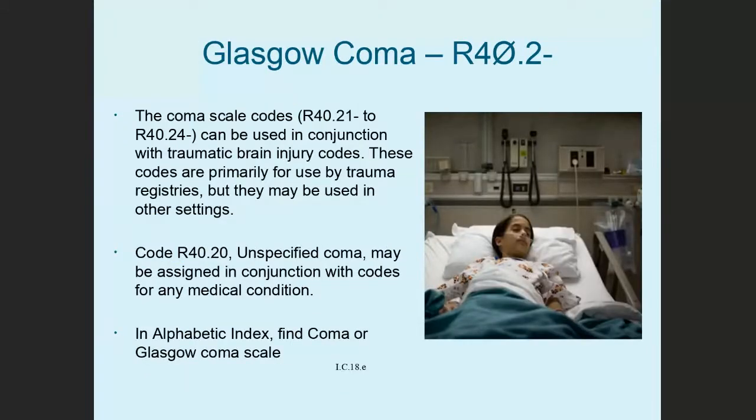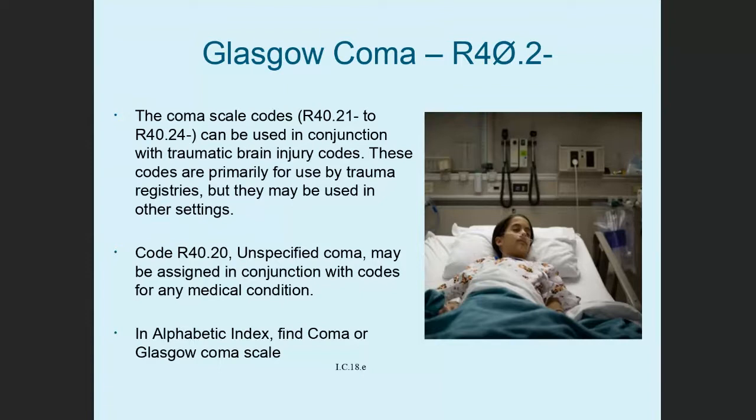So let's look at comas. The guidelines will be changing for 2022, so I've included the new guidelines in here since it's not that far away. Coma scale codes in the R40 section can be used with traumatic brain injuries.